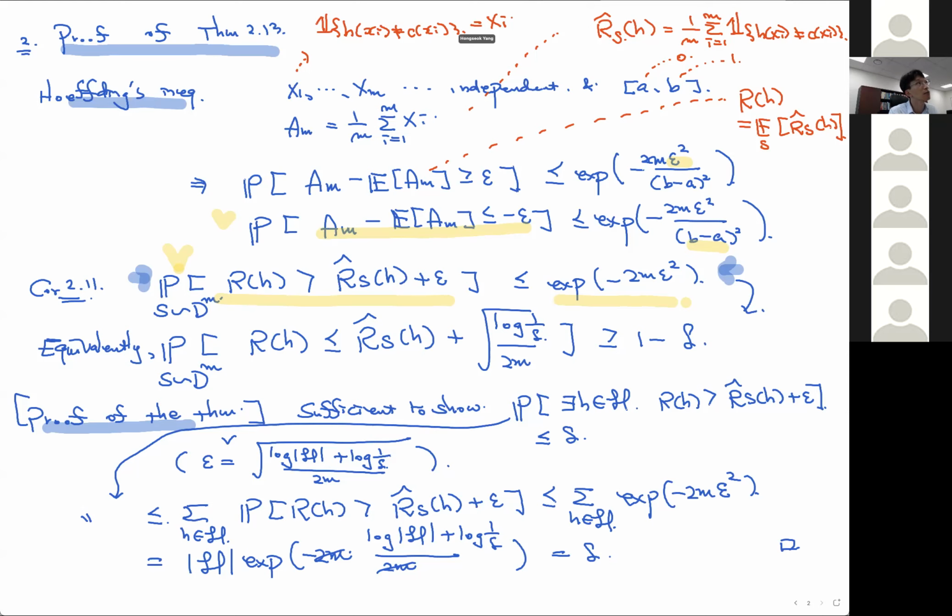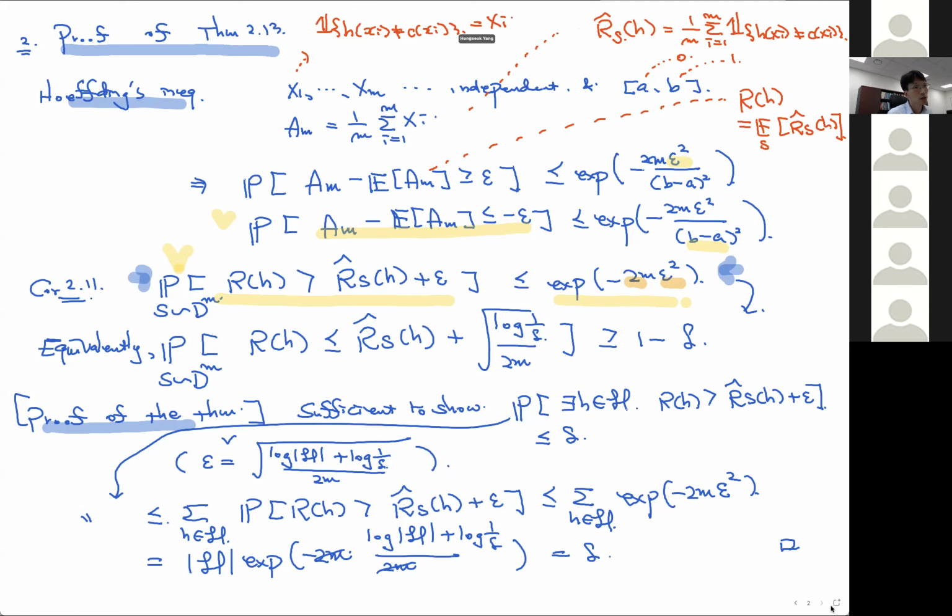Just like I said before, instead of 1 over epsilon, we have 1 over 2 epsilon squared. It's because of this use of Hoeffding's inequality, which you can also see as the 2 epsilon squared in this upper bound. That's why our bound is a bit different.